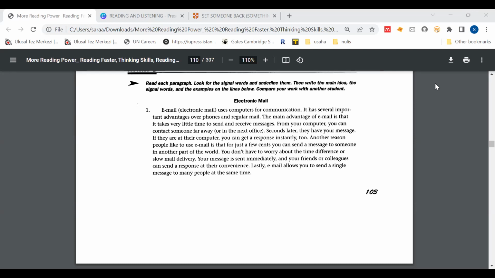Your message is sent immediately, and your friends or colleagues can send a response at their convenience.